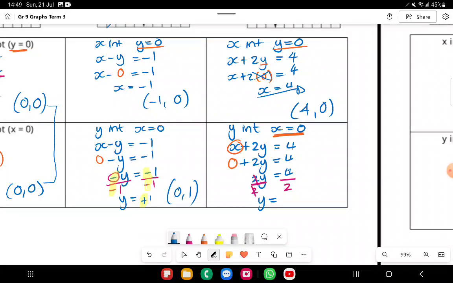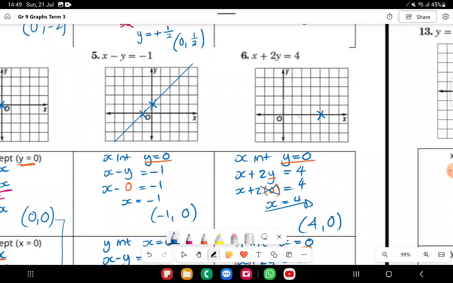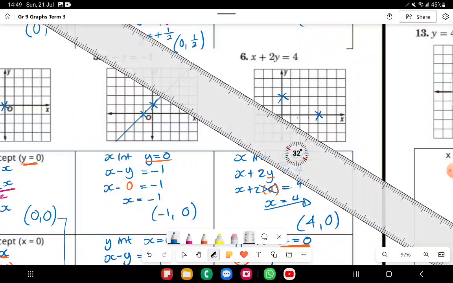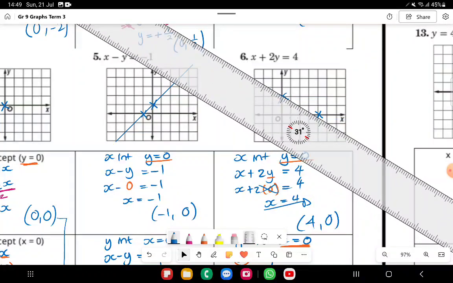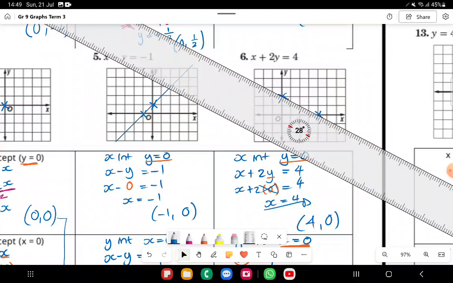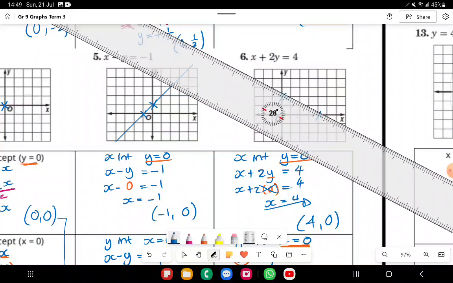Y is equal to 4 divided by 2, which is 2. Coordinates 0, 2. Back up here, 1, 2. There we go. Those are my coordinates, 0, 2. Using my ruler, I can line up my x's. And then I draw my line.